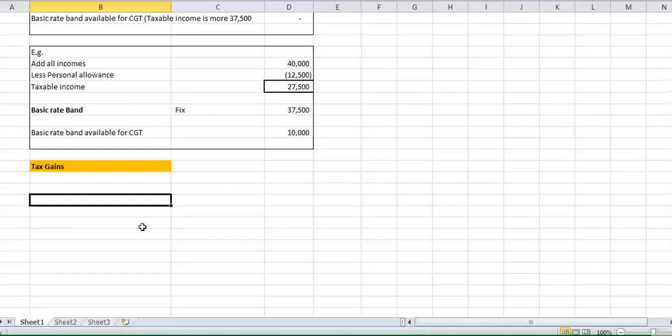The next point is how to calculate taxable gains. We have just learned the calculation of taxable gains. So now let's discuss a complete example in which we will calculate not only taxable income, but we will also calculate the taxable gains.